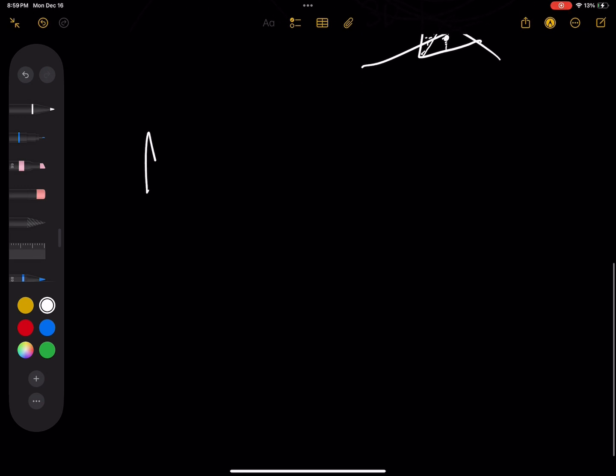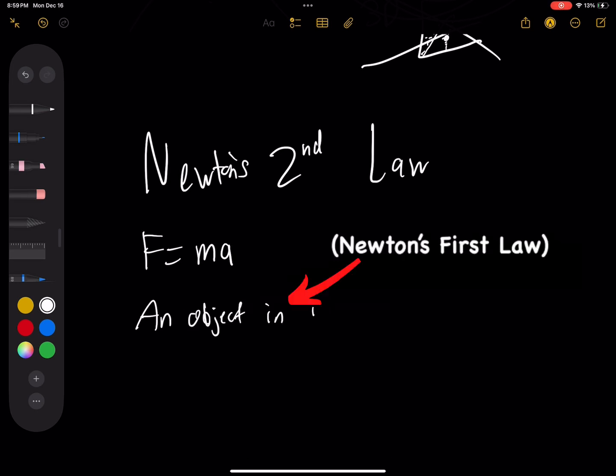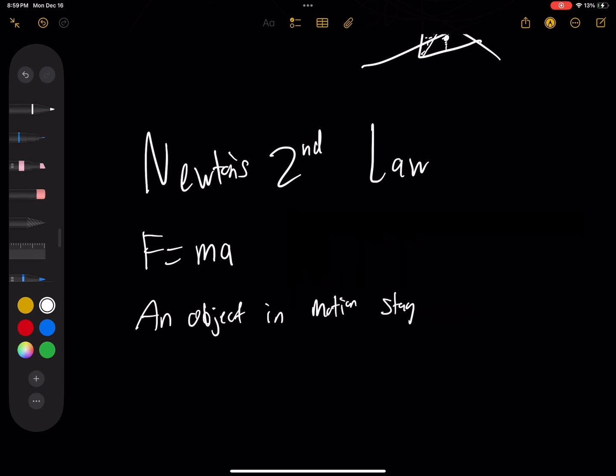So let's take a little detour to Newton's second law. This law, as you're probably familiar with it, just says that force is equal to mass times acceleration. And we also know that an object in motion stays in motion.